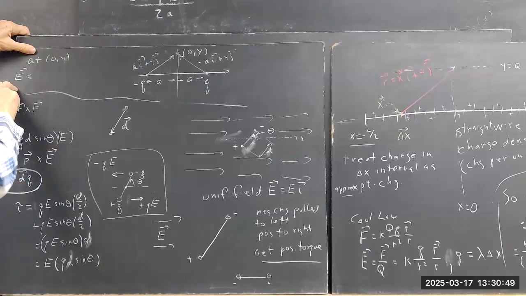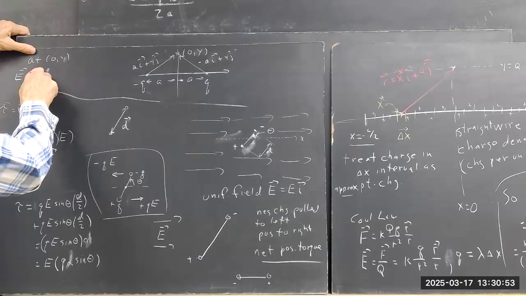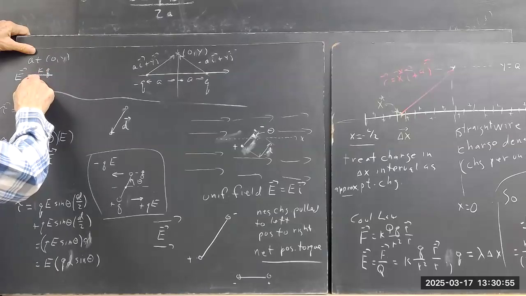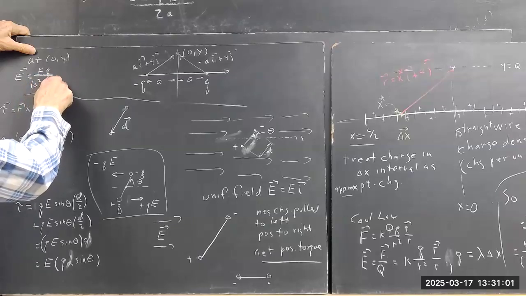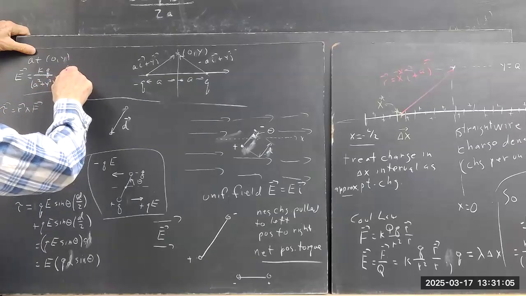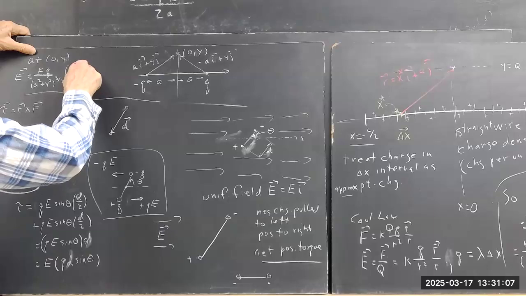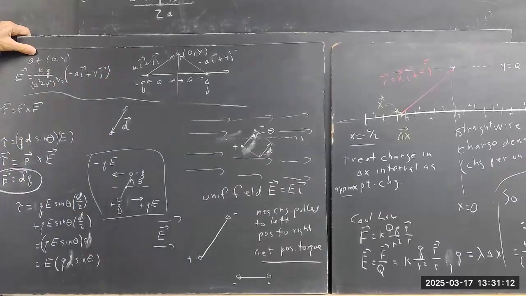E is going to be Q over A squared plus Y squared to the 3 halves times negative AI plus YJ.